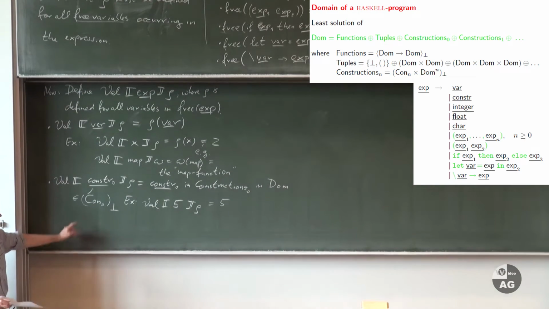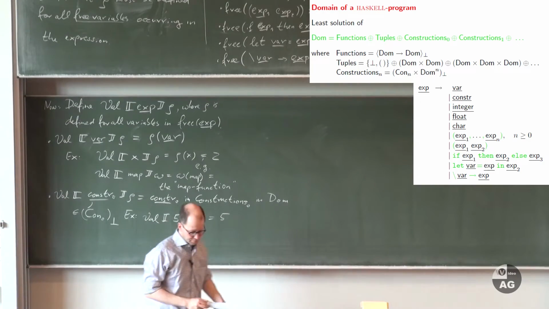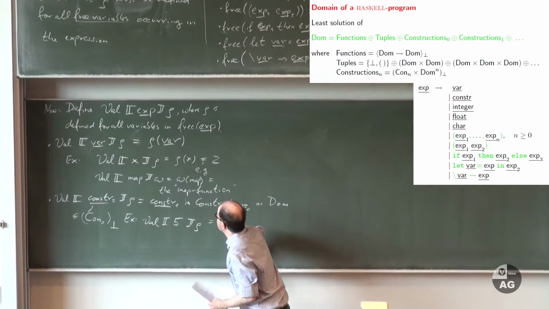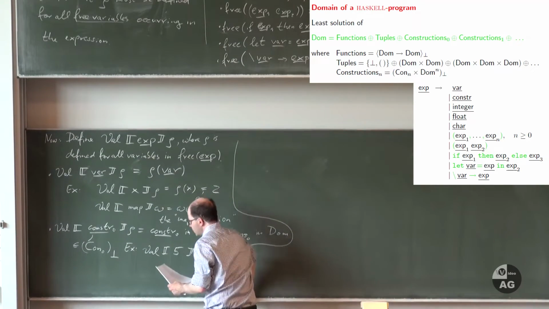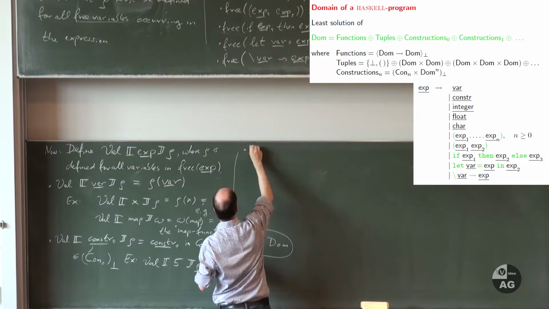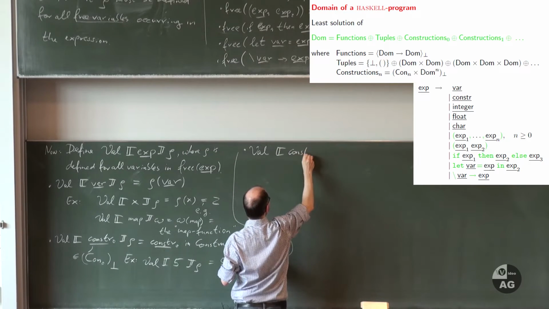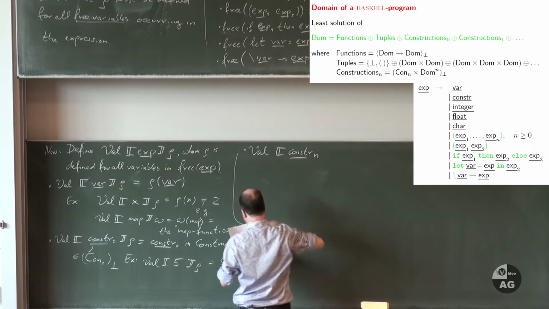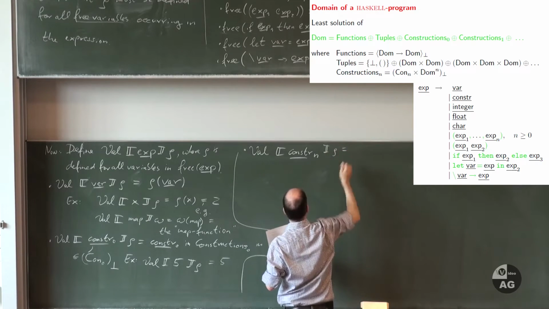Now what happens if we have constructors of larger arities? What's the meaning of a constructor that has not arity 0, but a larger arity? So what's the value of a data constructor of arity n in some environment rho?